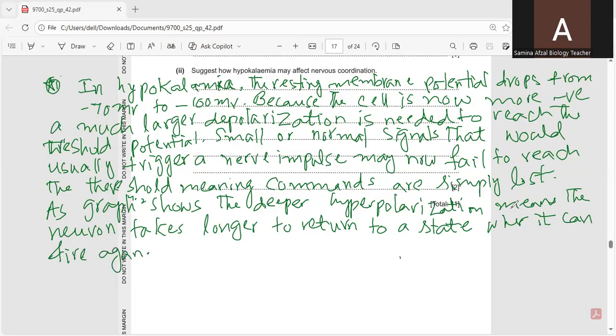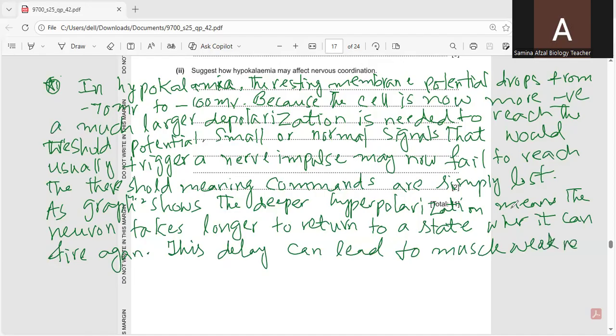Another point which you can write: this delay can lead to muscle weakness or even paralysis.